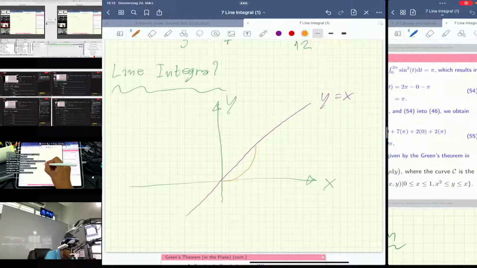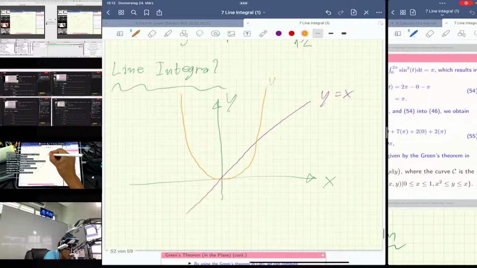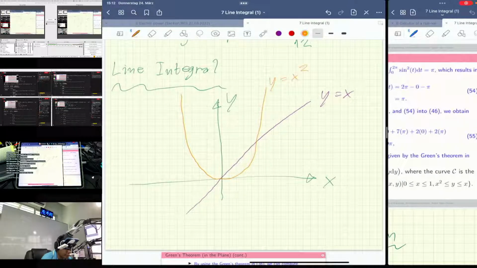Y equal to x squared is a parabola. And for the region R, they say y is above x squared. This is y equal to x squared, that's the lower limit.